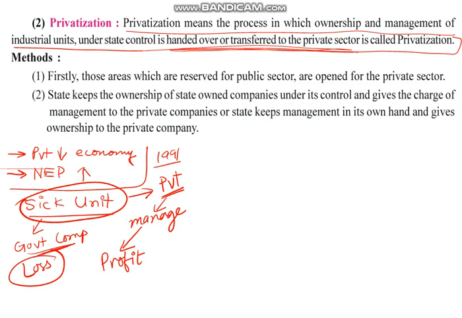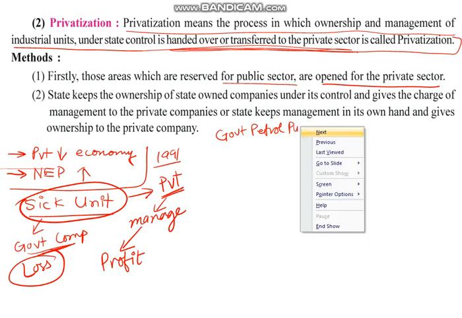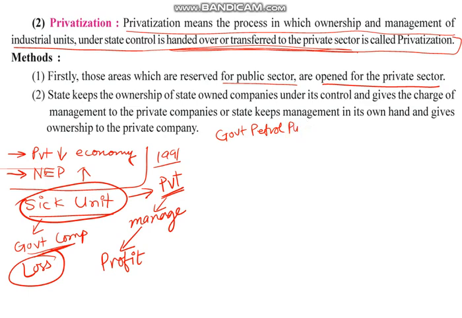See, what is the method? Firstly, those areas which are reserved for the public sector are opened, as we have already seen. There are certain areas which were reserved only for the public sector, but now private ownership is also allowed. Previously, as I told you, mineral oils. You might have seen that there are government petrol pumps, but at the same time you might also see that private petrol pumps are now working.